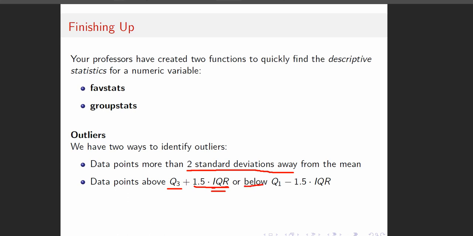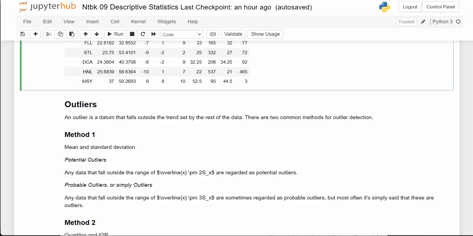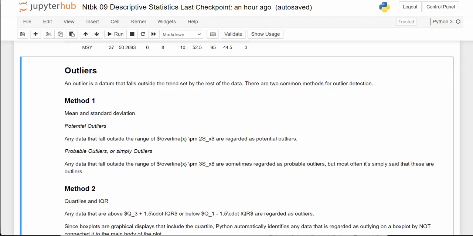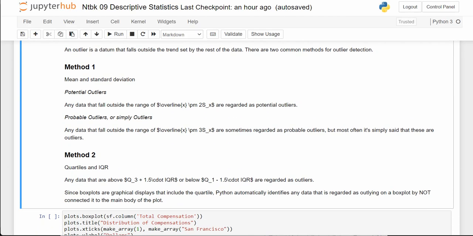Or to check outliers below, we can do Q1 minus 1.5 times IQR. So that's how the box plot actually figures out the outliers. That's how it draws its fences, okay? So that's what's described here in method 1 and method 2.